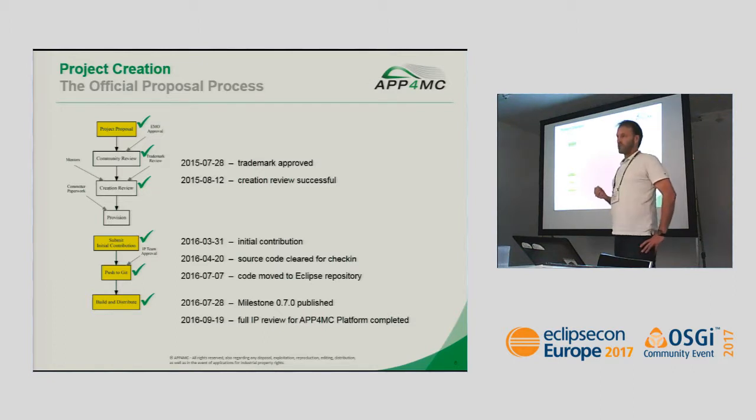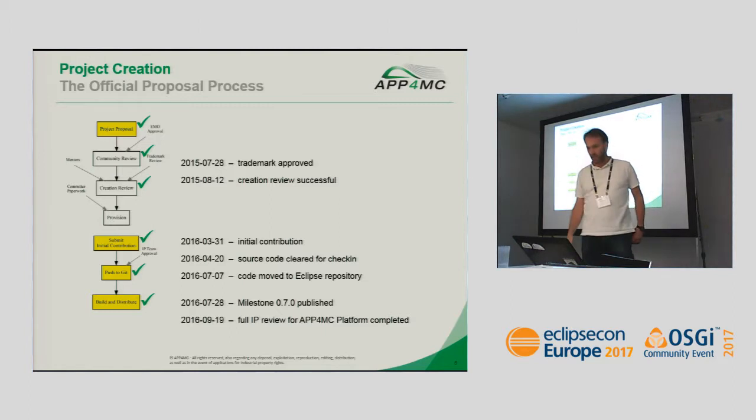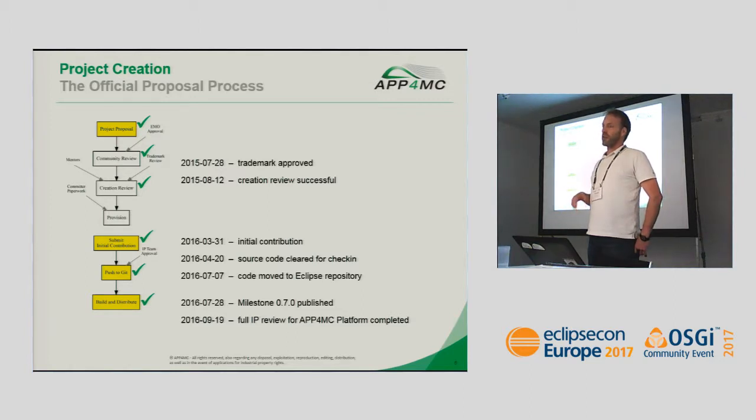So you have to sign the committer agreements and so on. And you can do your initial contribution. That means a zip file of all the code you want to provide. Before this, of course, you have to change plugin names, package names, restructure your software. You have to clearly separate your own code from libraries you're using.